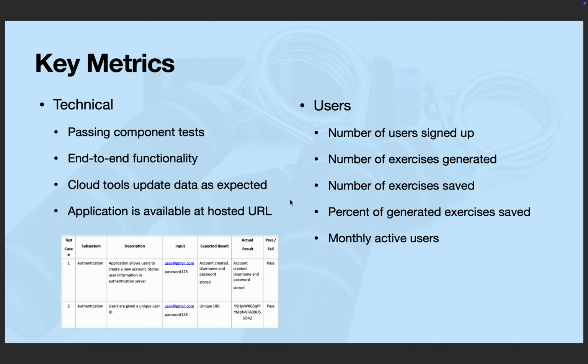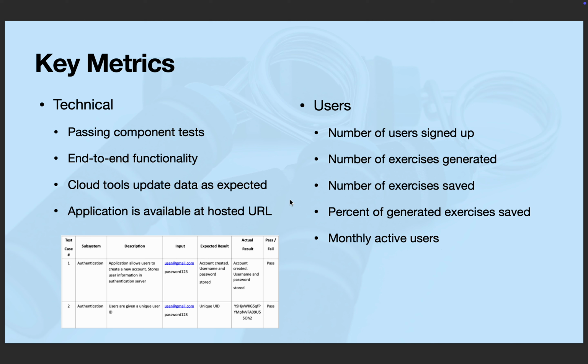A bit of notional metrics for users, if we were launching this as a product, for example, would be primarily number of users signed up, number of exercises generated, kind of as a metric of engagement, number of exercises saved as a metric of how well we're doing, how many exercises are actually meeting user needs. In that same vein, the percent of generated exercises saved.